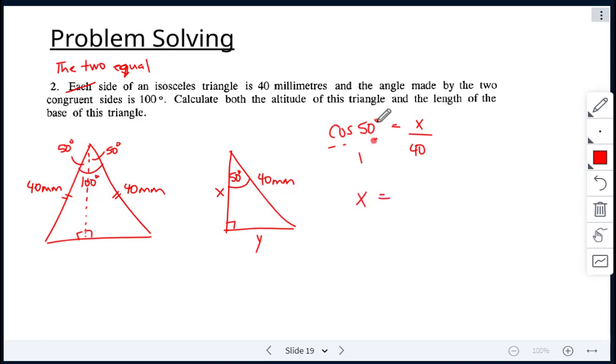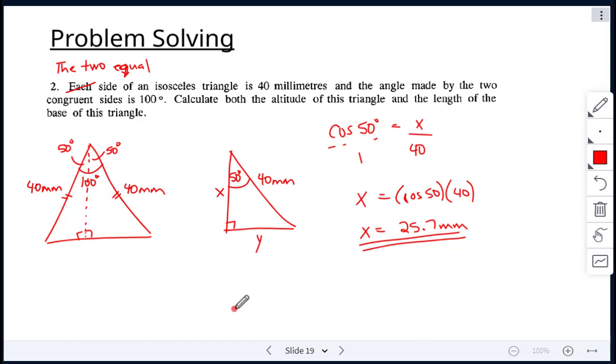So x is equal to cosine 50 times 40. Put that into your calculators and you will end up, rounding to the nearest tenth, with 25.7 millimeters. Okay, so we have solved for x, that is the altitude or height.